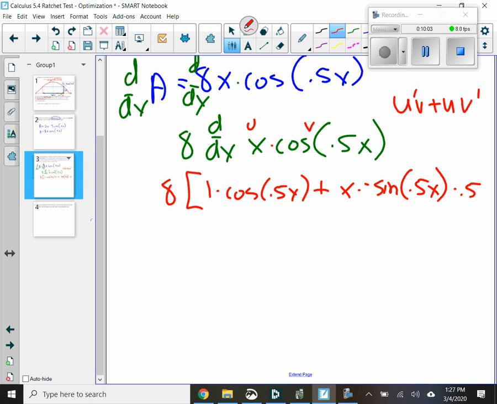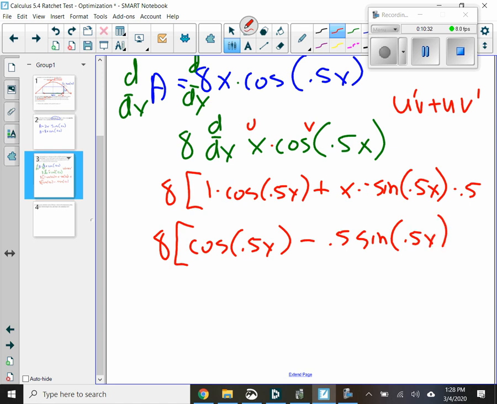I think so. Okay. So I have 8 times cosine 0.5x minus 0.5 sine 0.5x. I just moved this 0.5 into the front.